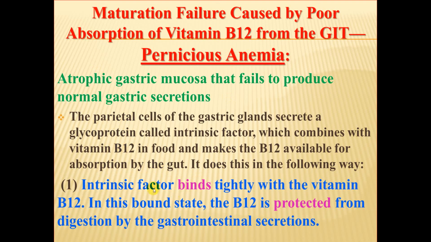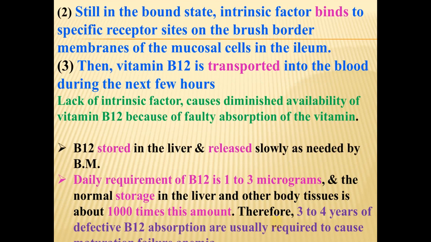The mechanism: intrinsic factor binds tightly with vitamin B12, and this bound state protects vitamin B12 from digestion by GIT secretion. It acts as a protection wall or carrier against GIT secretion.